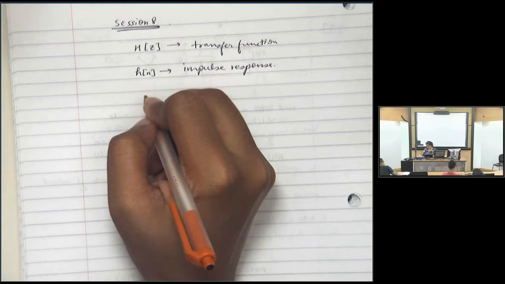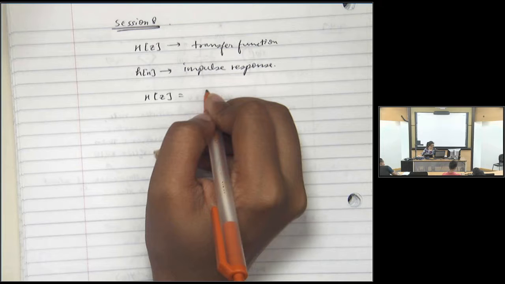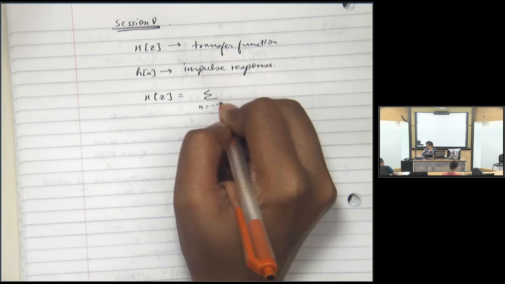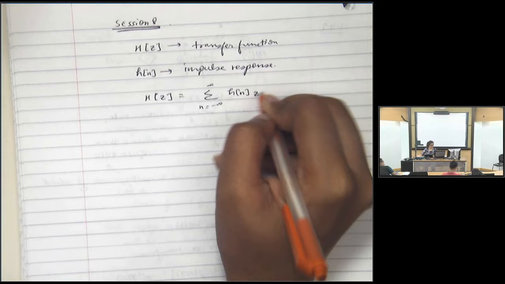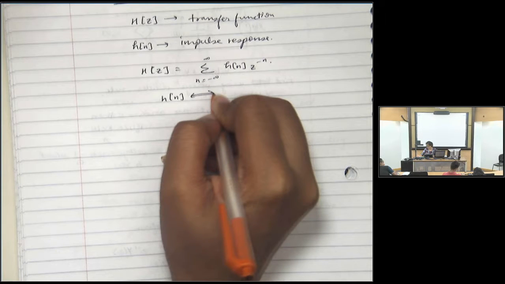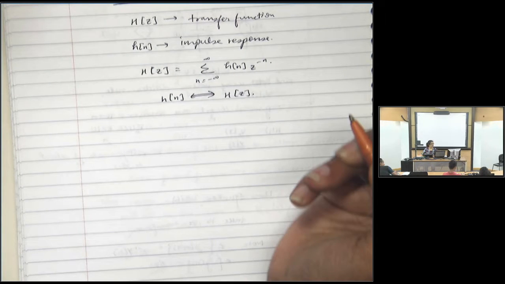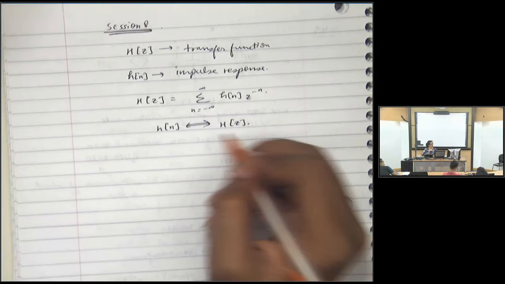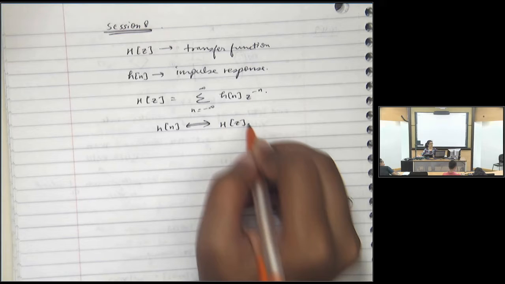H of z is just the Z transform of our h of n. This is also represented with a double-ended arrow: h of n in the z domain is H of z, and when you take the inverse of H of z, you get h of n.